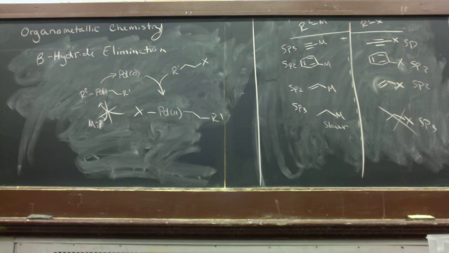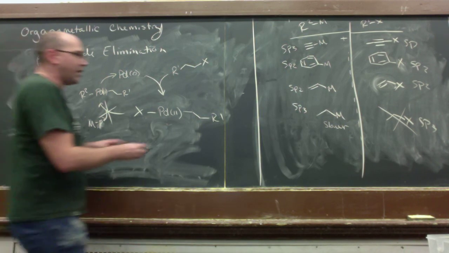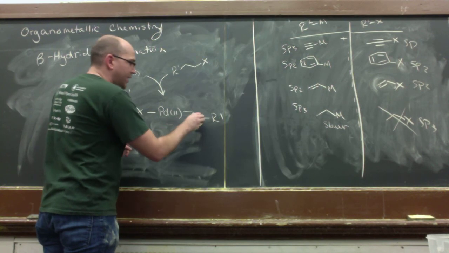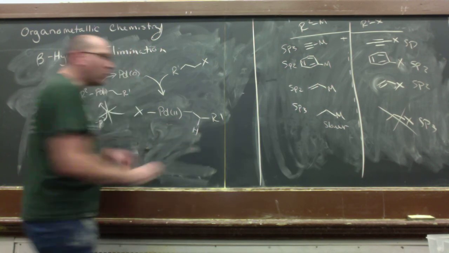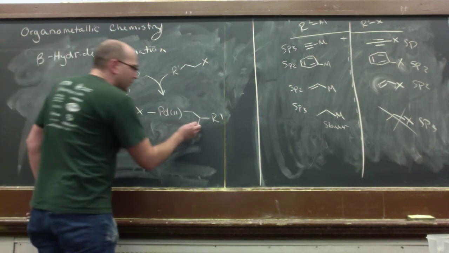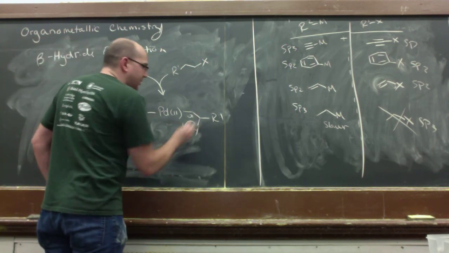And it involves, again, a beta hydride. And so the beta, we're talking about to the palladium, 1, 2, so alpha, beta. We're talking about that hydrogen right there. And what happens in this process is that instead of doing the standard transmetallation, what will happen faster than that is this process called beta hydride abstraction.